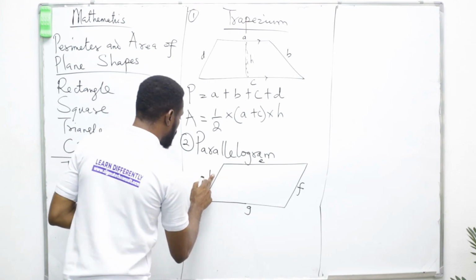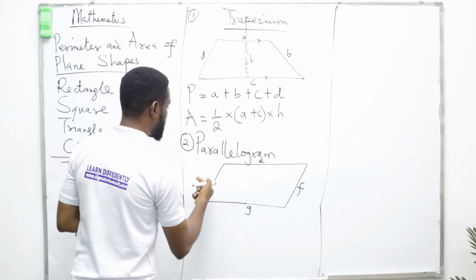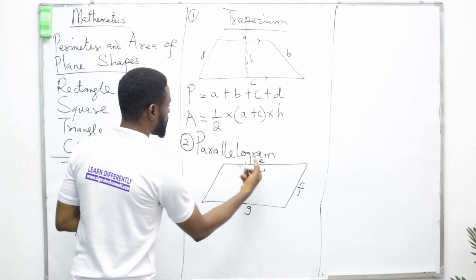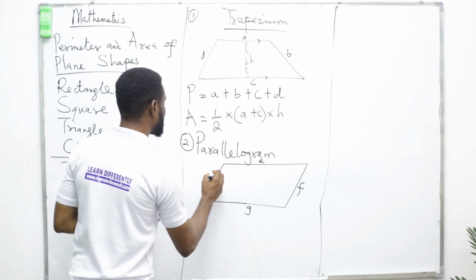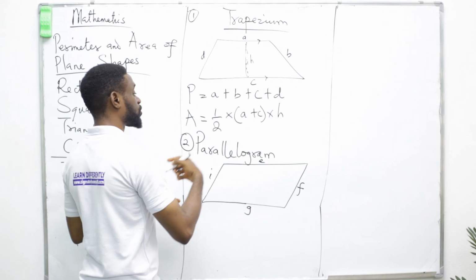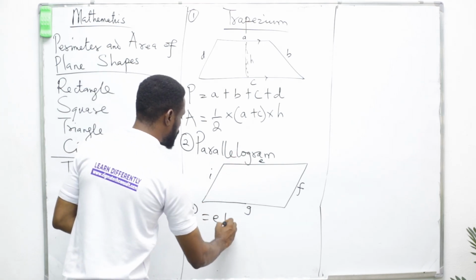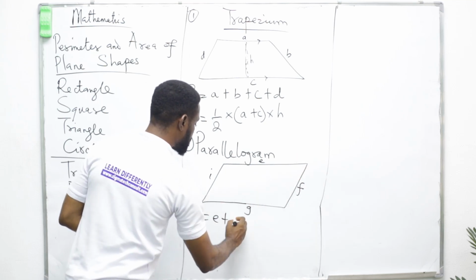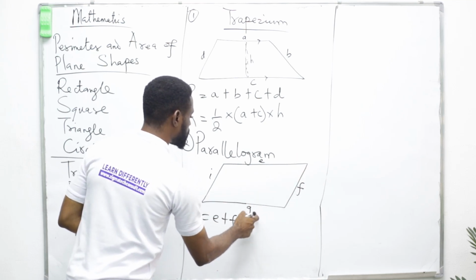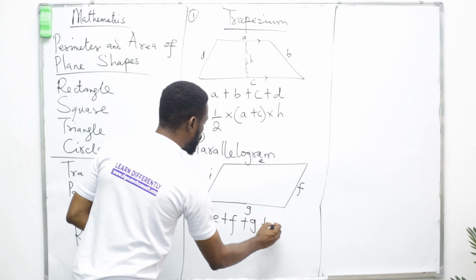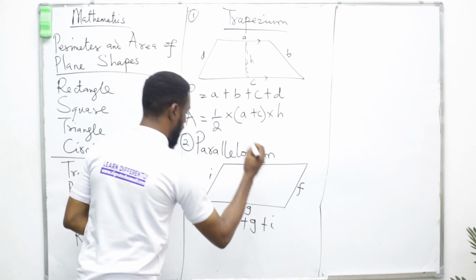So the perimeter P is E plus F plus G plus I.